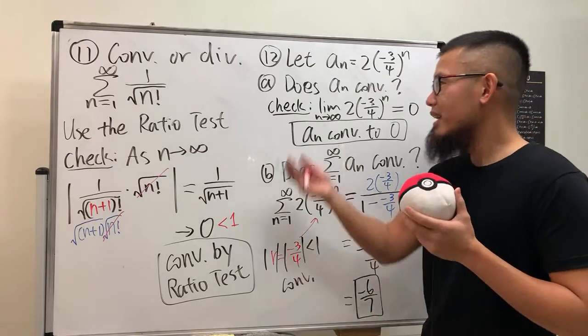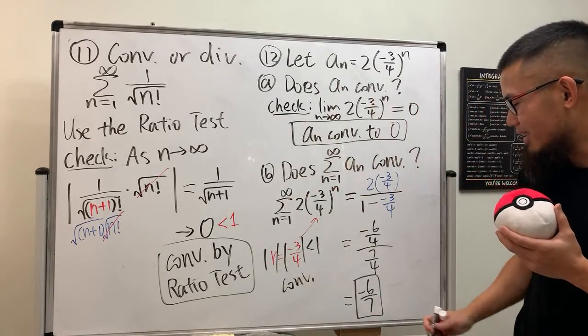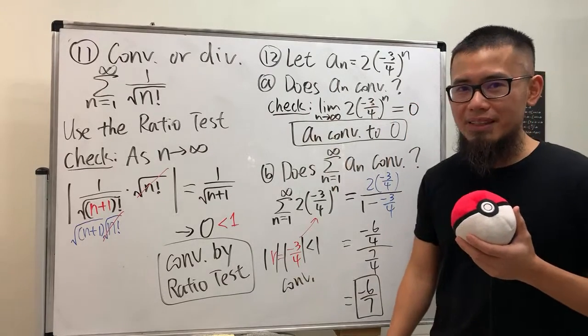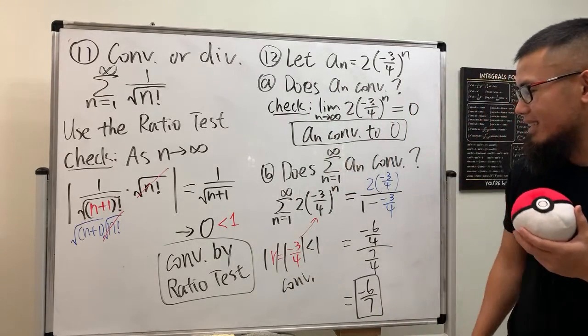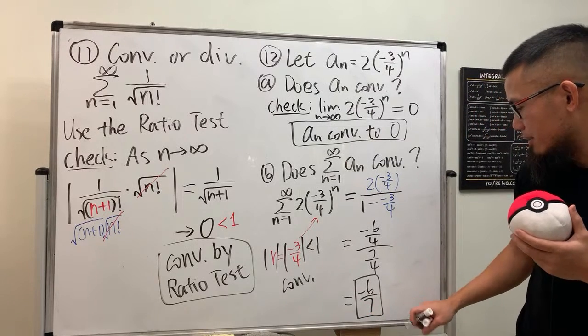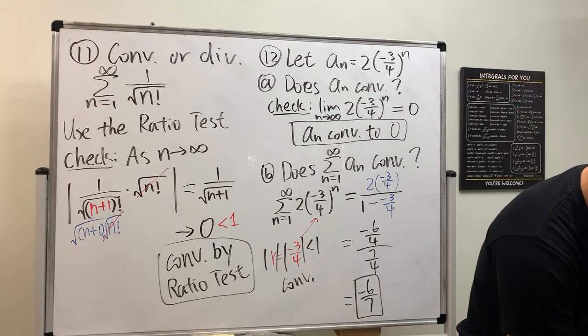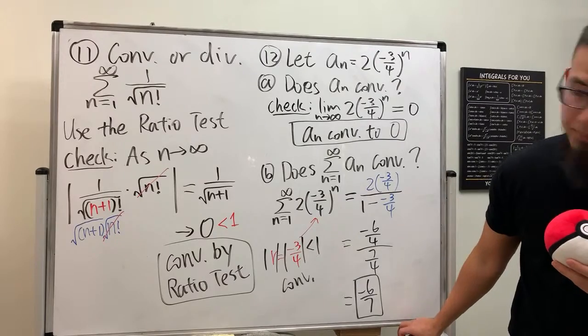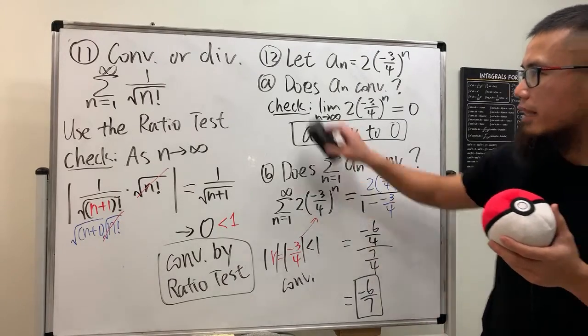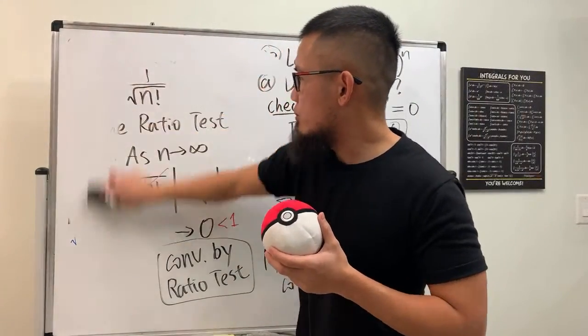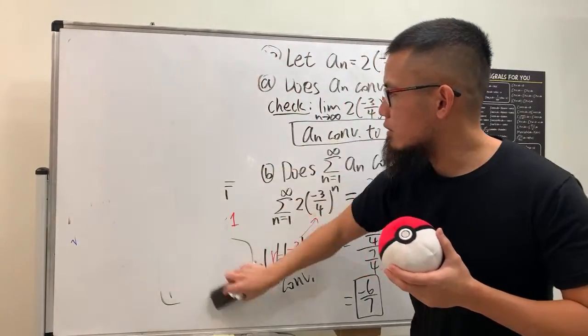So you see, an infinite series actually gives you a negative finite value. So it converges to that. So, yeah, that's it. So far so good. And then we have 2 more questions to go over. That's all.